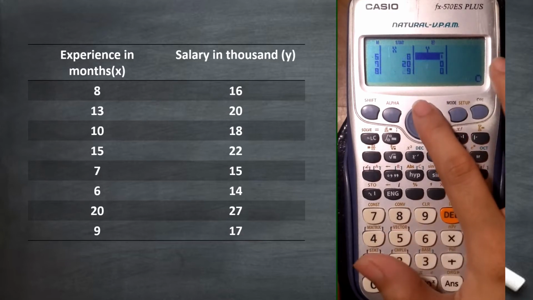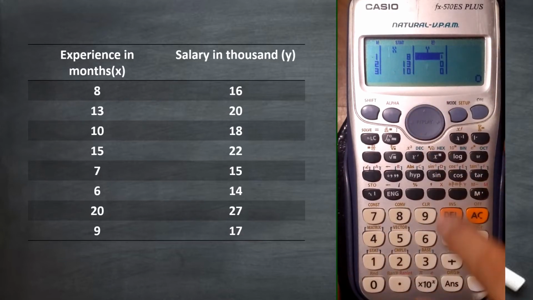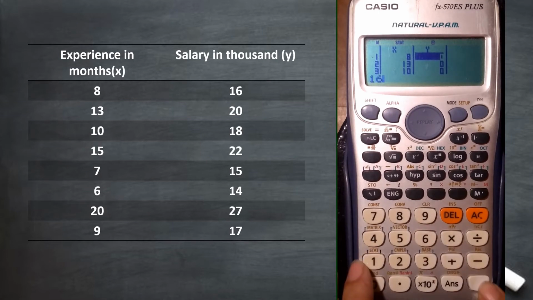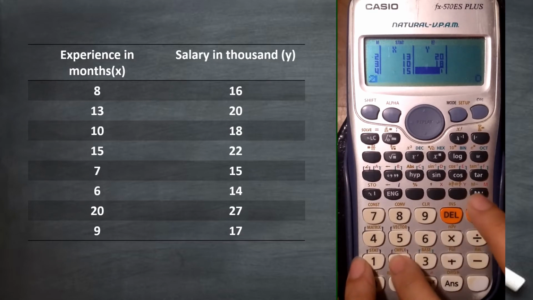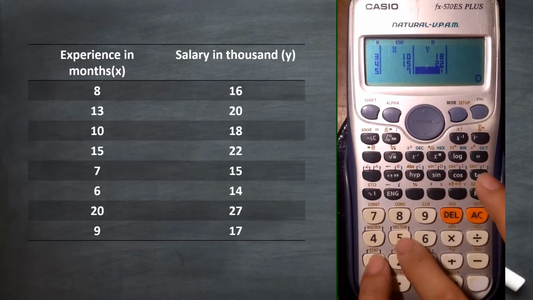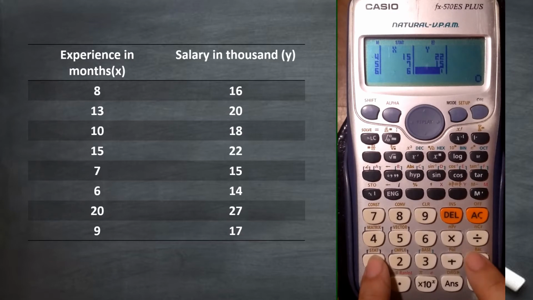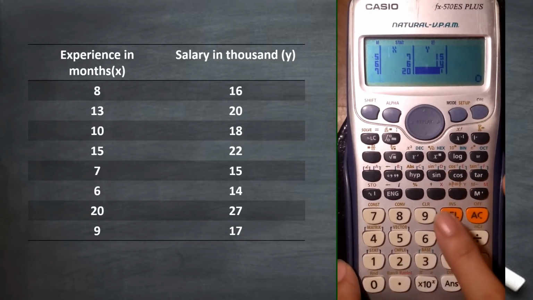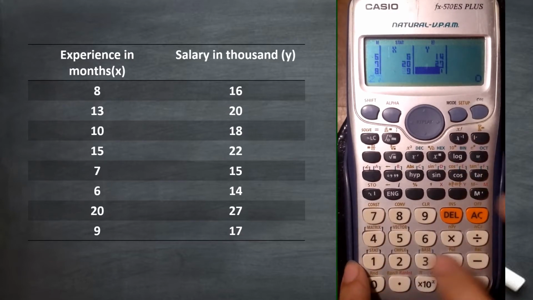Next, for the y values, we have 16 equal sign, 20 equal sign, 18 equal sign, 22 equal sign, 15 equal sign, 14 equal sign, 27 equal sign, 17 equal sign.